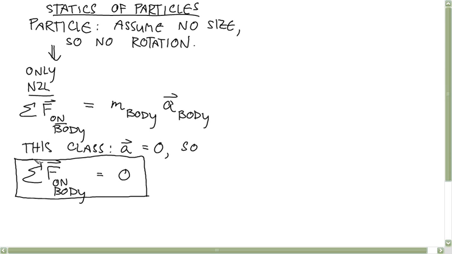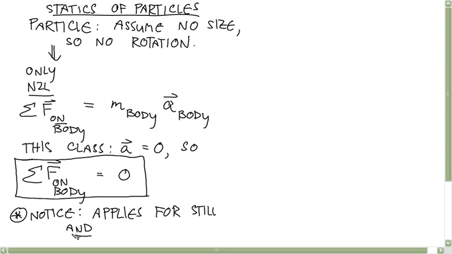This class is called statics, so it applies to things that are still, but occasionally problems are going to come up where you need to remember that this equation applies for objects that are still, and for objects that are moving with a constant velocity. Okay. Because then you don't have acceleration either.